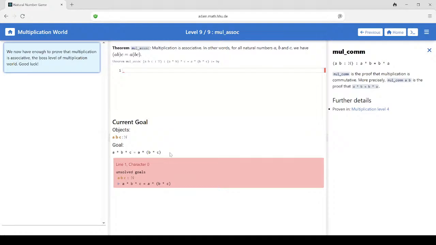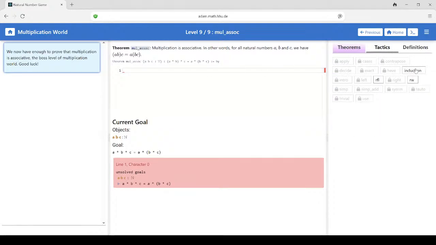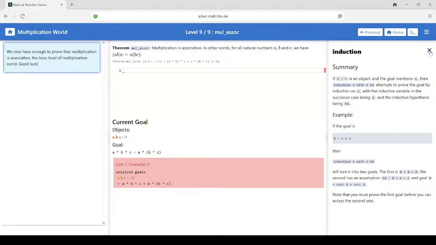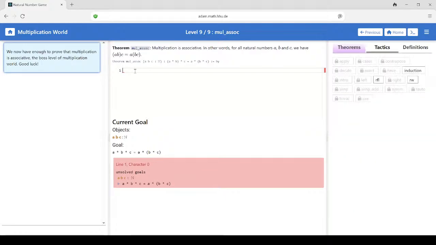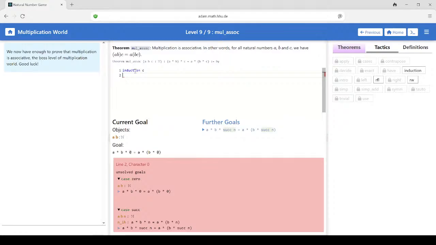So A and B are being multiplied first. I think we need to use induction. Induction. We'll do C this time. I think that's what they did last time, and it was the much simpler answer.